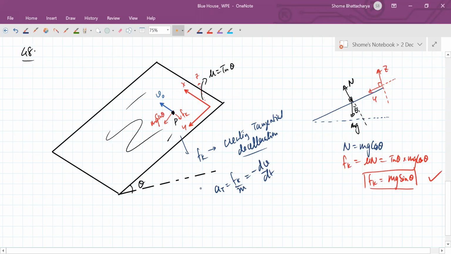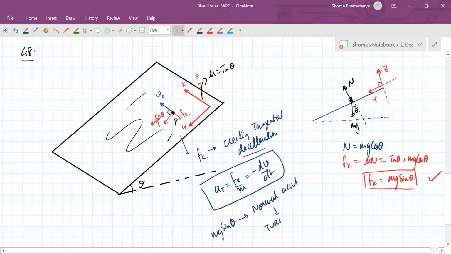It's the rate of change of speed. Whereas mg sin theta is providing normal acceleration, because it is perpendicular to the velocity. So what it does is it turns the velocity vector. That is why the particle goes into a path which is like this.